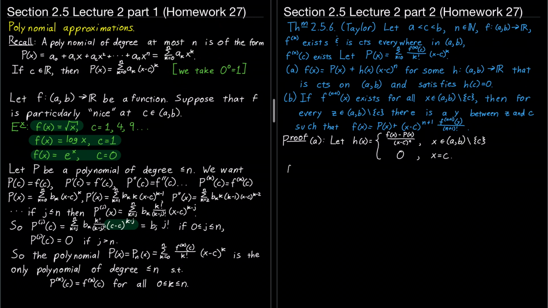And then f and p and x minus c to the n are continuous on AB. So h is continuous except at c.